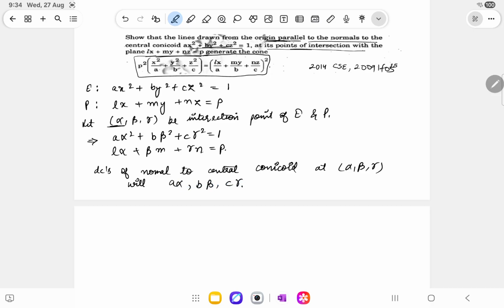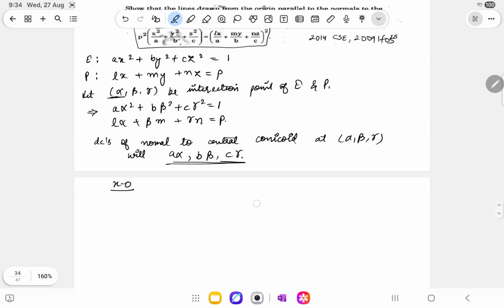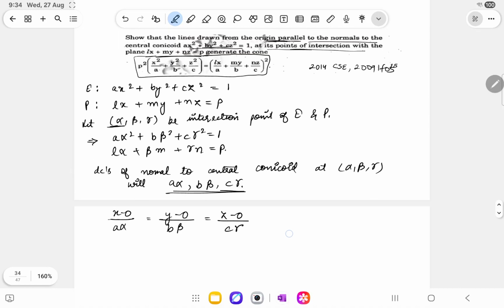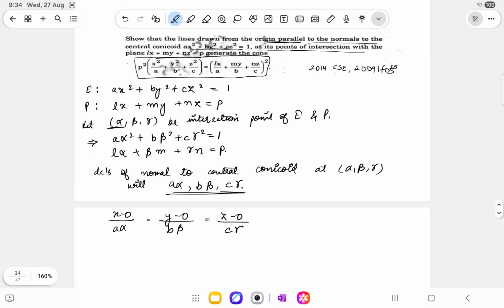So a line is drawn passing via origin and parallel to these. The equation of any such line will be x minus 0 upon a alpha equals y minus 0 upon b beta equals z minus 0 upon c gamma. This is my equation of any line which is parallel to the normal to this conicoid and passing via the origin. We're supposed to show that this line generates this cone.